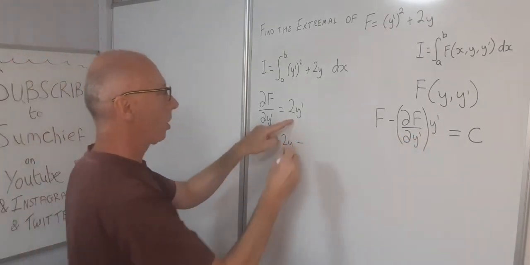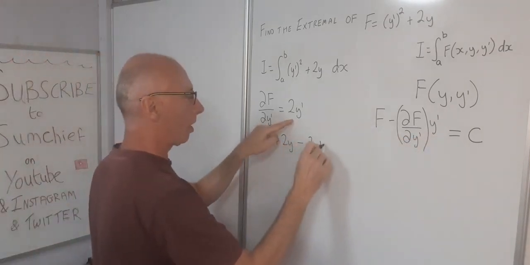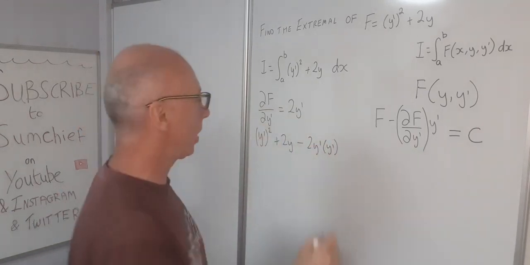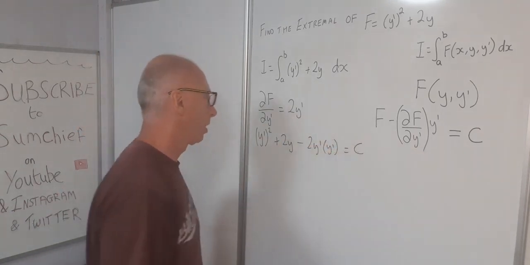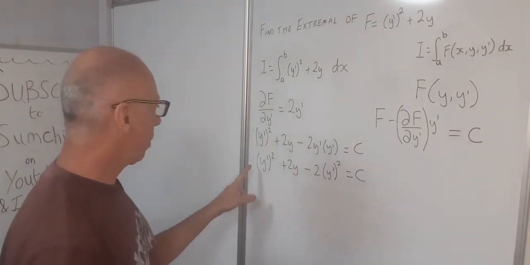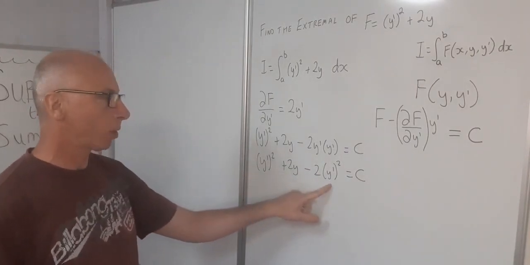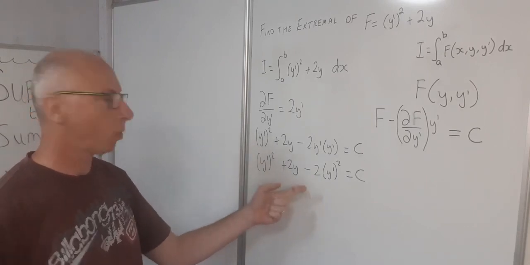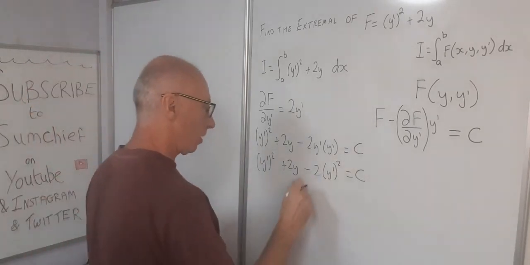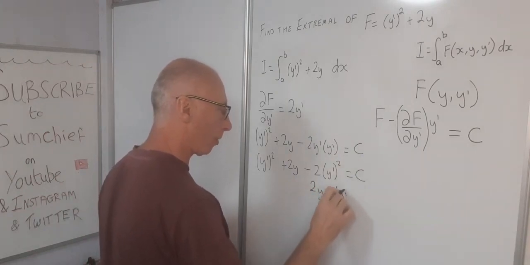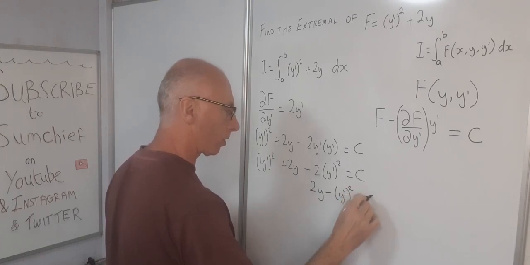That's going to give us 2y prime times y prime, and then that equals c. Okay, let's clean this up. We've got 1 y prime squared here and a minus 2 y prime squared here, so it's going to leave us with a minus 1 y prime squared. So now we have 2y minus y prime squared equals c.